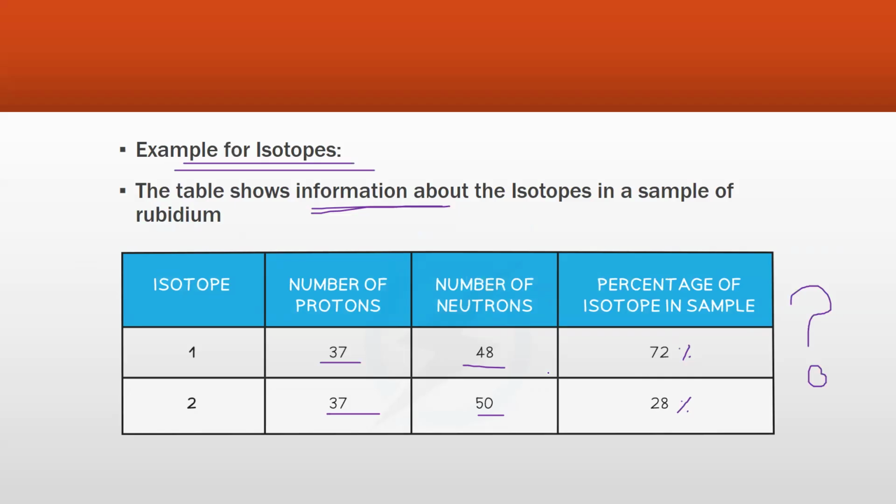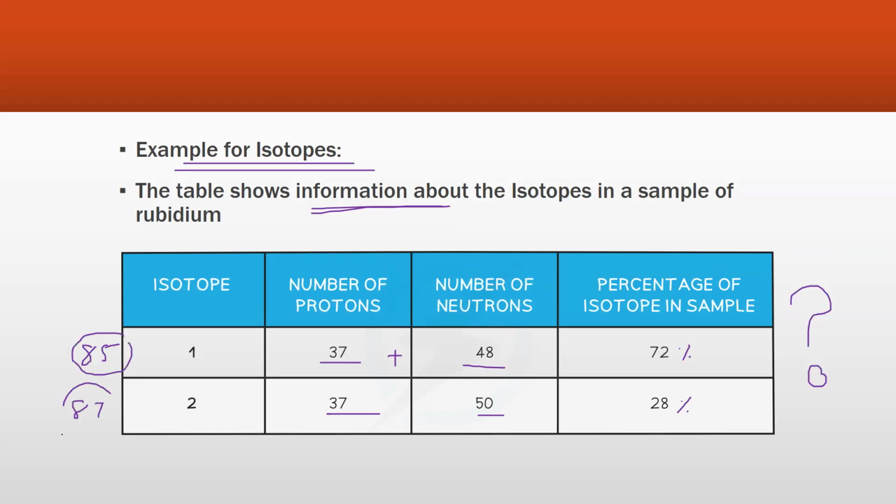Protons and neutrons, to find the relative atomic mass. ठीक है, क्या हो जाएगा mass? Proton plus neutron, 37 plus 48 would give you 85. ठीक है, and this would give you 87, right?